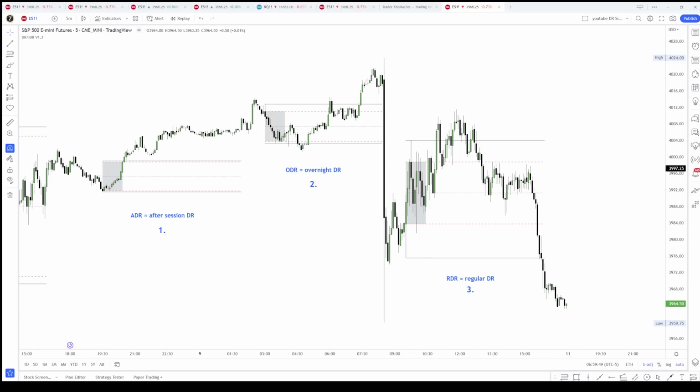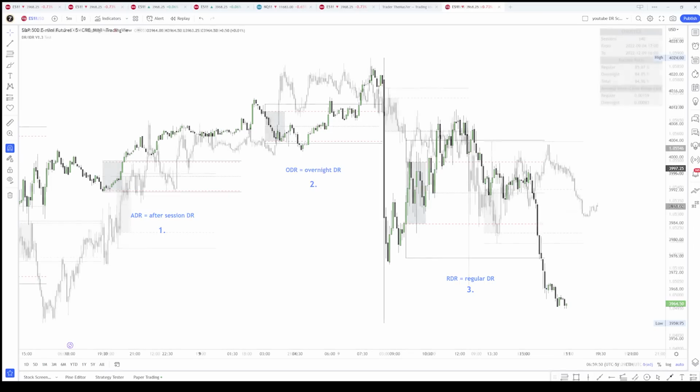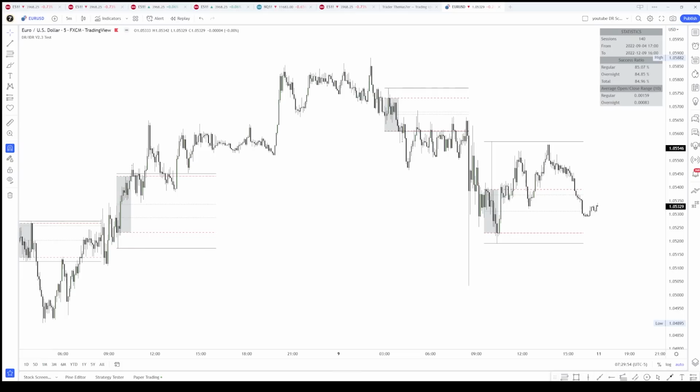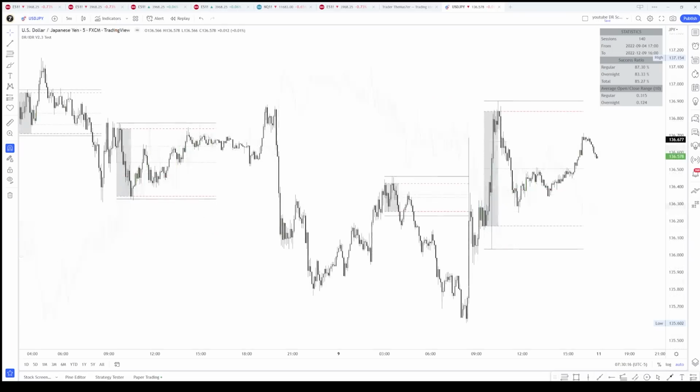Does your DR model work with Forex, crypto, etc.? The answer is yes, it does. It works with Forex. Here are some examples of Euro USD and USD Japanese Yen. If you look at the right corner of the screen, the gray box, you will find the statistics for these instruments.